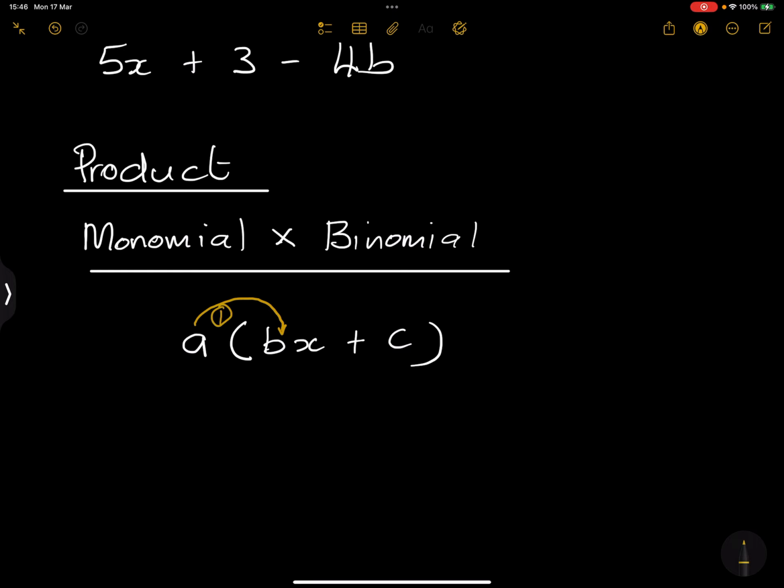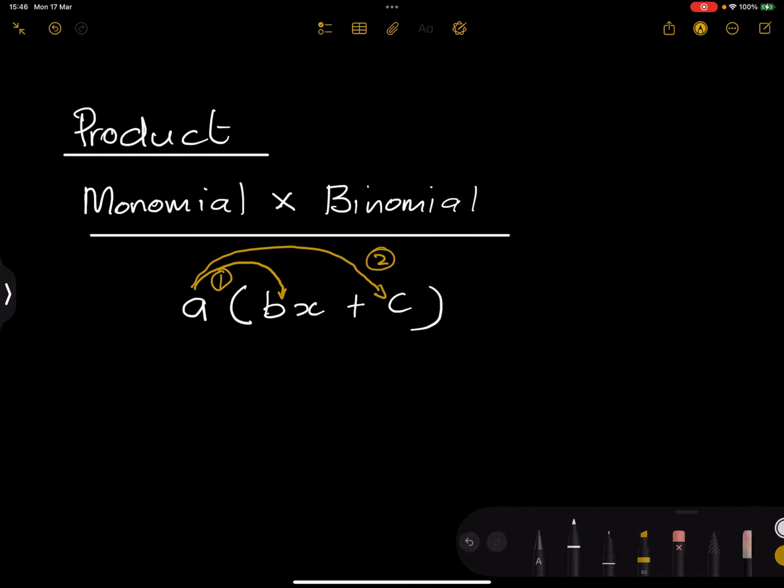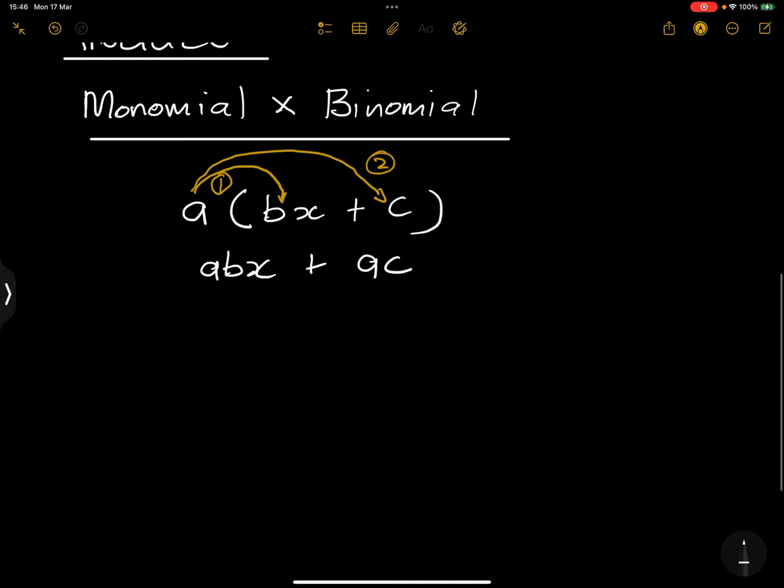And then secondly, I'm going to take my monomial and multiply it by the second term of my binomial. So that's how I'm going to do it. So what do we end up with? We're going to end up with a times bx, so that's going to be abx, plus a multiplied by c, which is the second one, and that gives us ac.